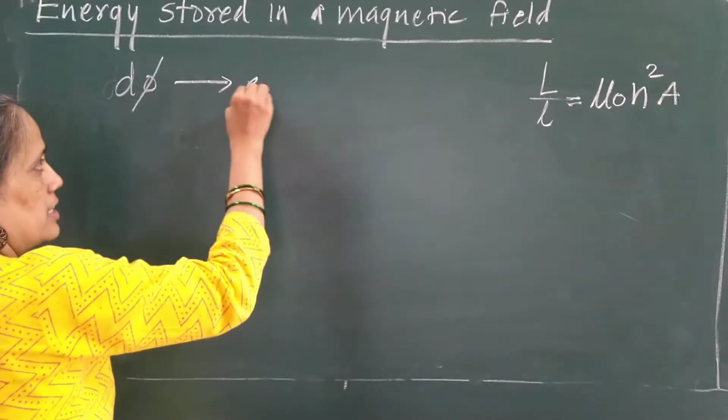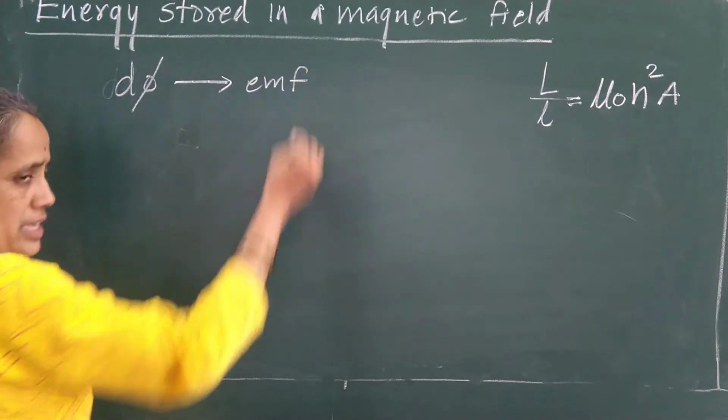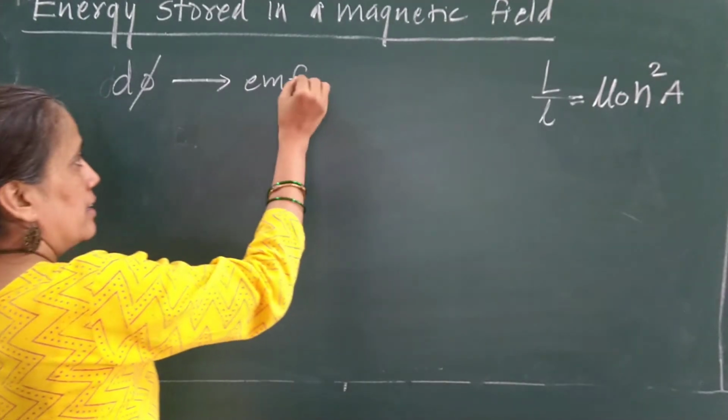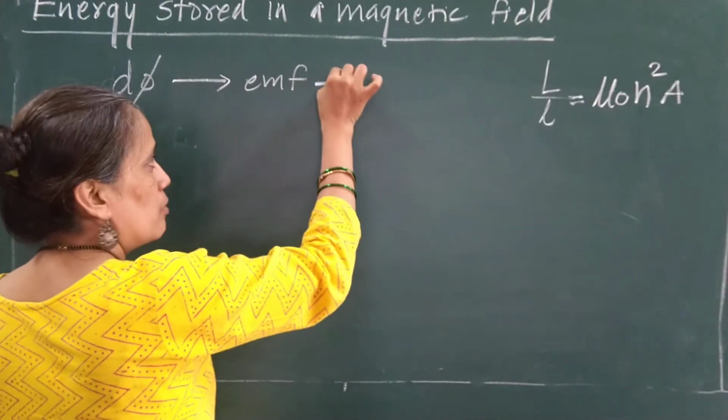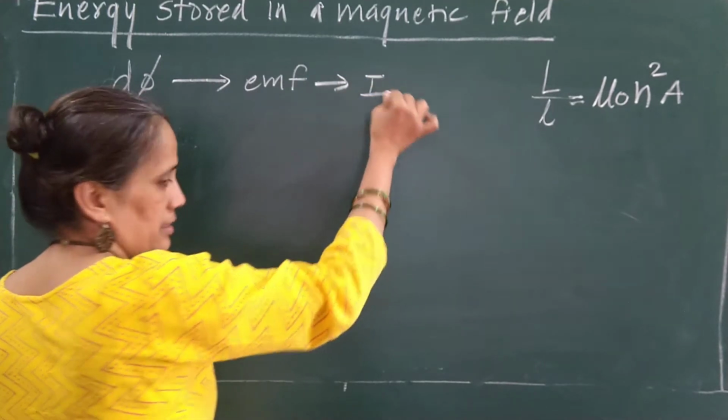Now today we are going to consider the next concept, that is nothing but the energy stored in the magnetic field. Now, under this energy stored in the magnetic field, what is the concept? Whenever there is a change in magnetic flux, due to that change there is a production of EMF, and in that case there will be a production of current.